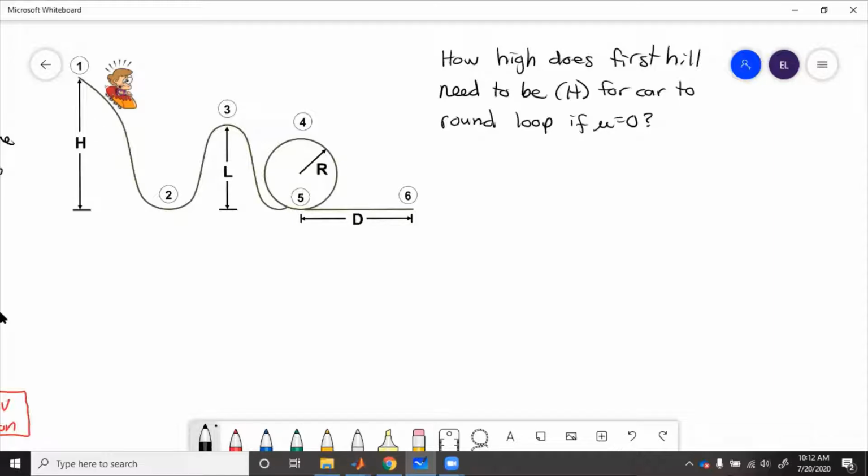But the very minimum height that the hill would need to be for the car to go around the loop is going to depend on how fast the coaster needs to be moving to make it through the loop.